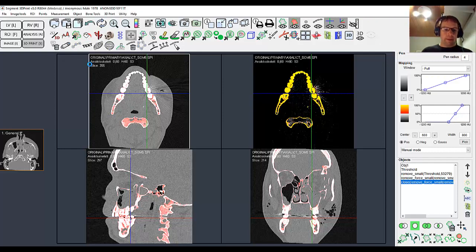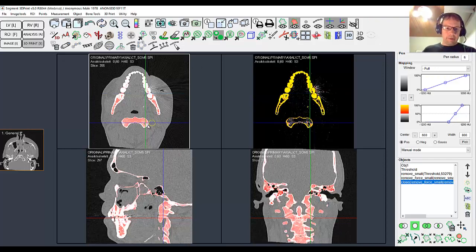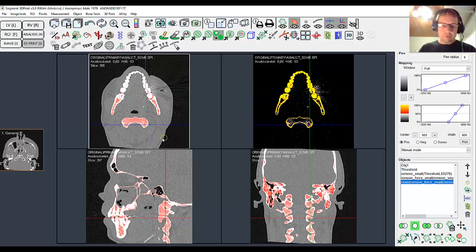So I fill the model as well, so we get part of it filled, and we don't need it to be completely filled, but if we want to, we can use this local filling or patch tool to fill it, but this will do for now, I think.